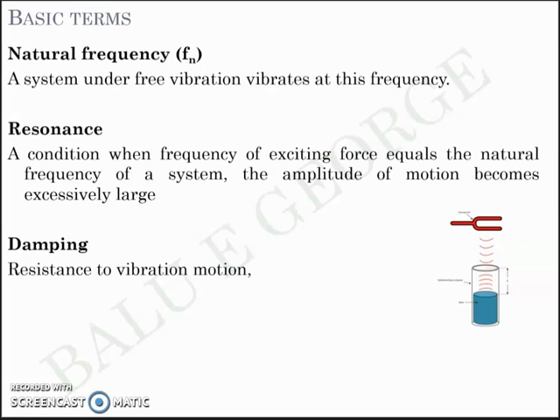Now, based on these basic terms, we'll try to see a system called a mass spring dashpot system. The mass spring dashpot system is quite simple. It has a mass m like this.